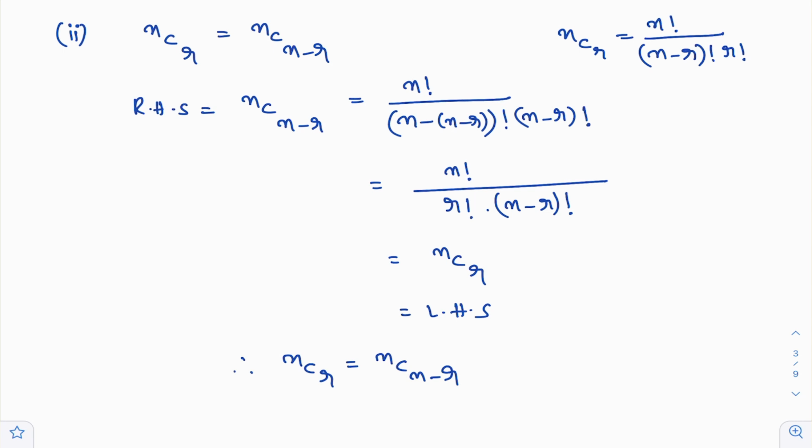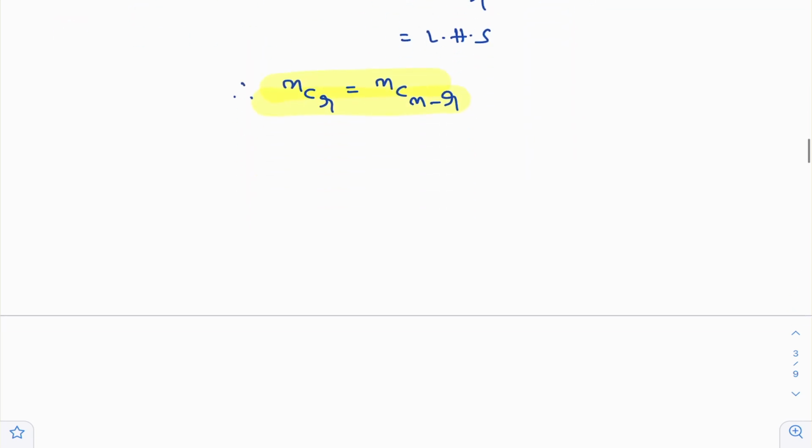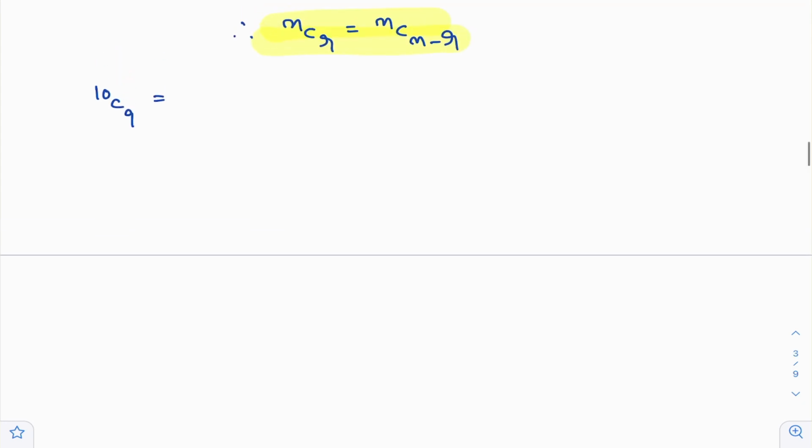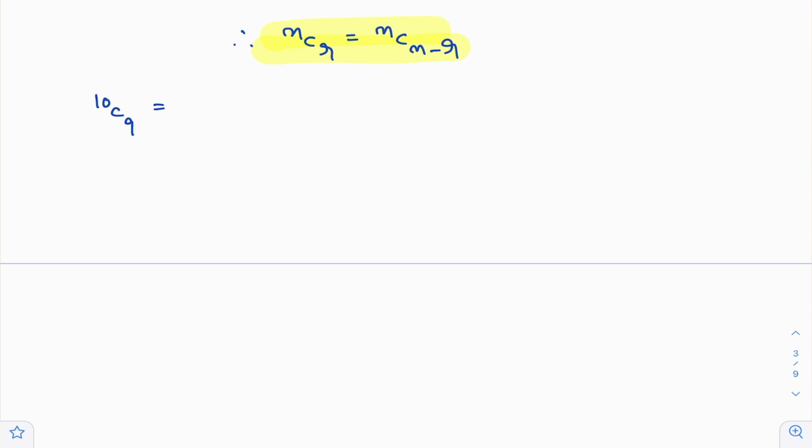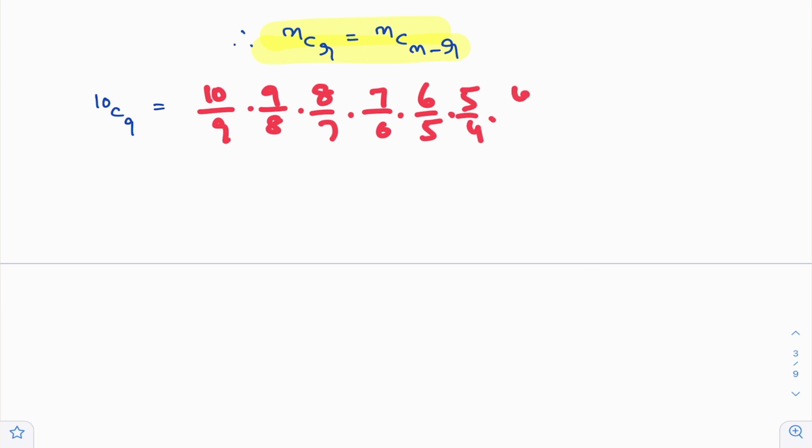Very useful result. How is this result useful? For example, you need to calculate 10C9. Generally we would start writing 10 by 9 into 9 by 8 into 8 by 7 into 7 by 6 into 6 by 5 into 5 by 4 into 4 by 3 into 3 by 2 into 2 by 1, and cancel all the terms.